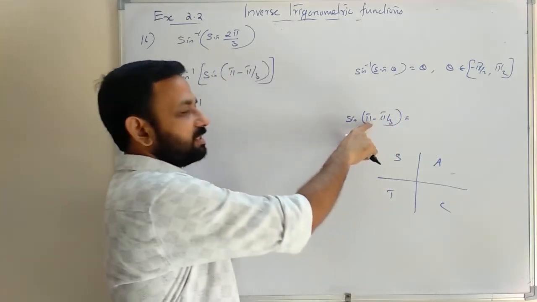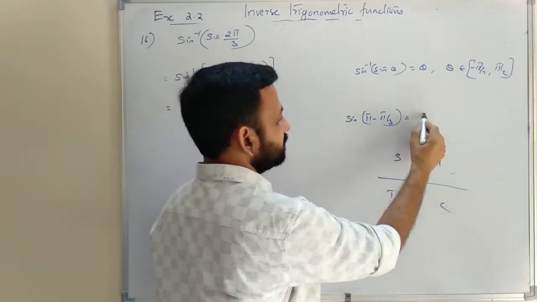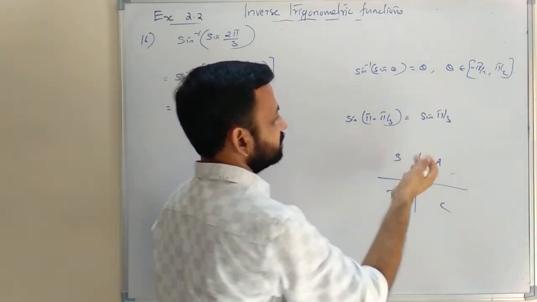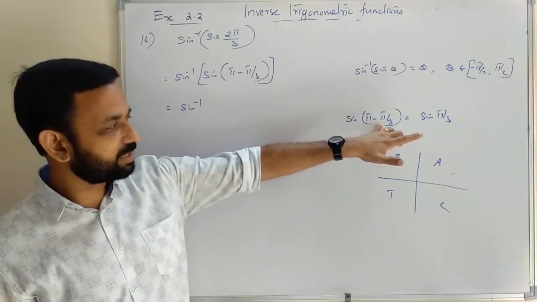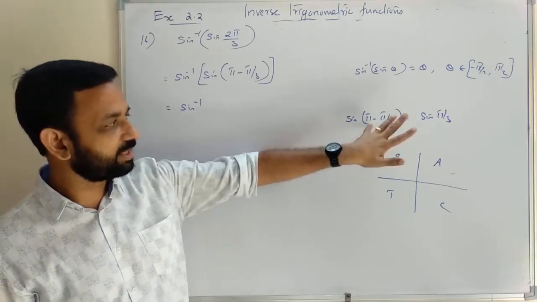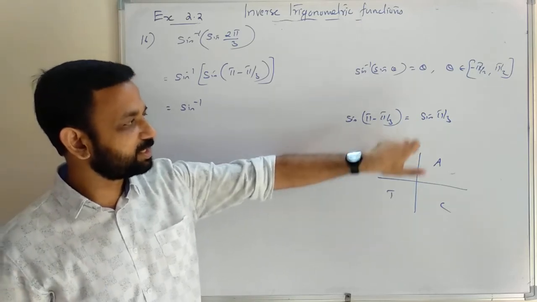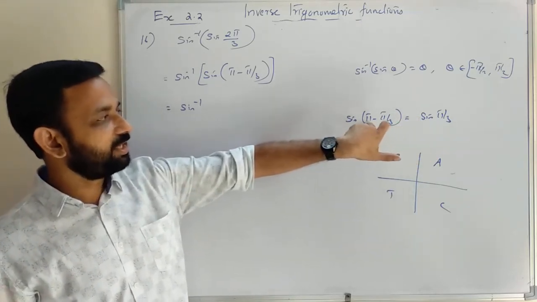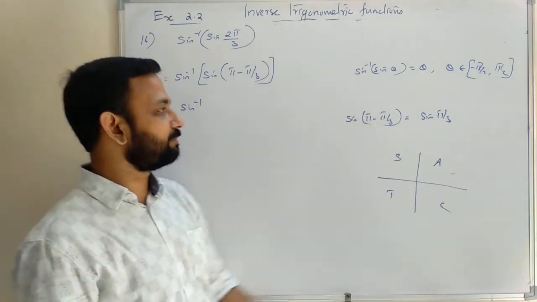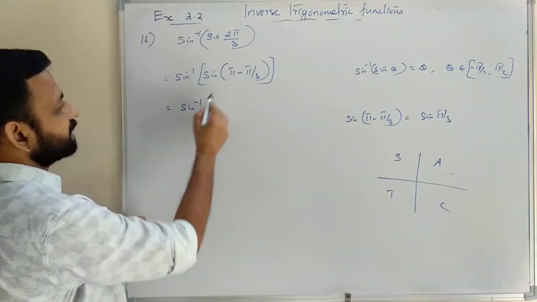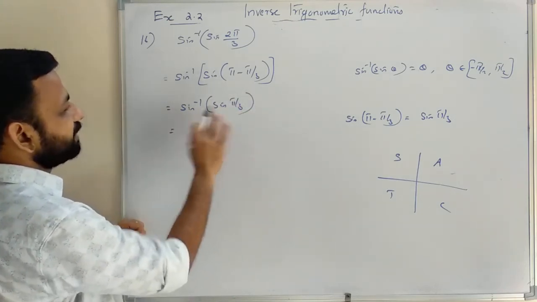And if it is multiples of π, then the function will be the same. So we can write sin π/3. We have done this in some questions: first we find the quadrant, second quadrant, where sine is positive, and since it is π minus, the function stays the same. So sin π/3. So sin inverse sin π/3.